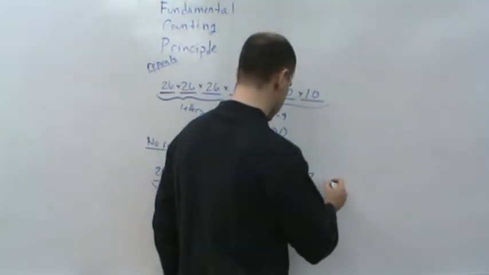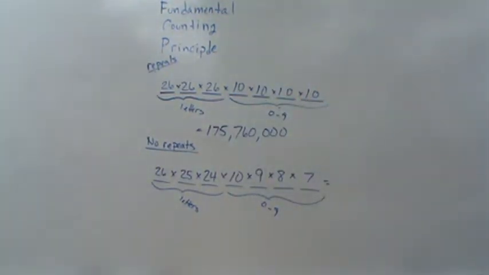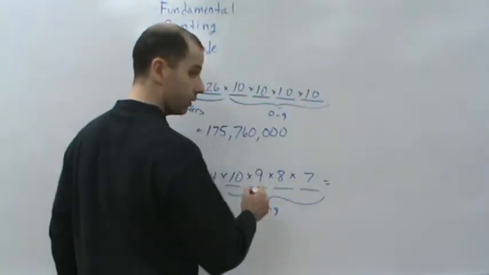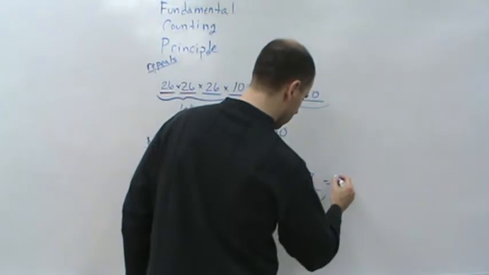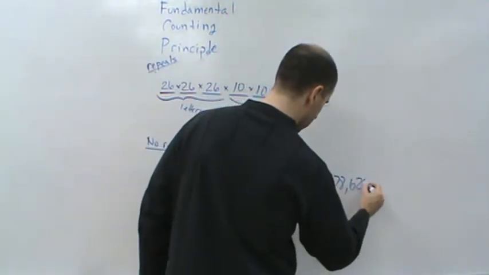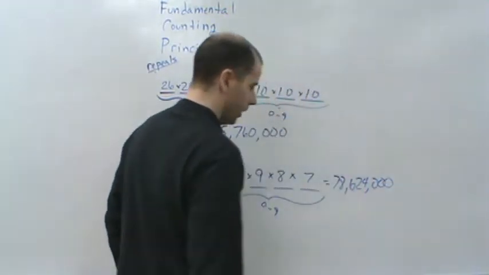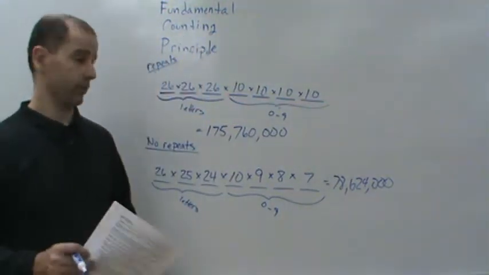So now, how many outcomes do I get for this one? Considerably less. It's going to be 78,624,000, okay?